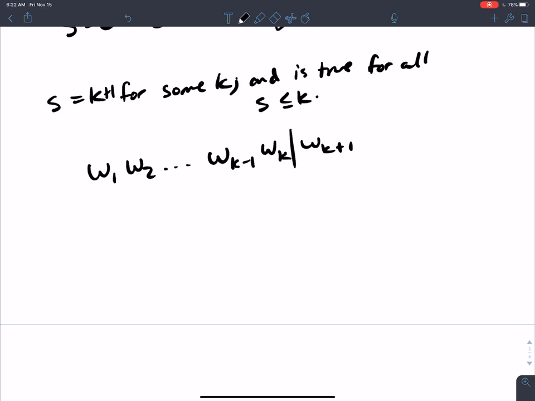So let's say that the remainder of the first piece, w1 through wk, modulo n, is equal to p, for example.